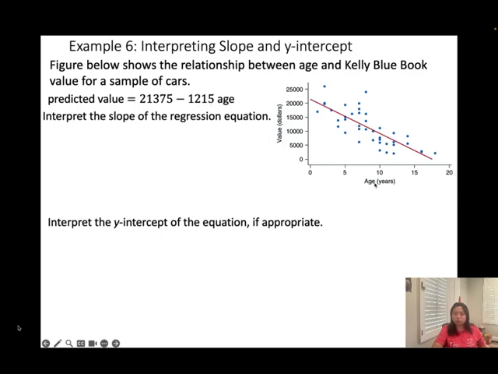The age is the number of years of the car, and y is the selling price. Interpret the slope of the regression equation. First, I want you to try it by yourself, just like the previous example. Tell me what your slope is, what your x variable means, what your y variable means, and then interpret the slope.